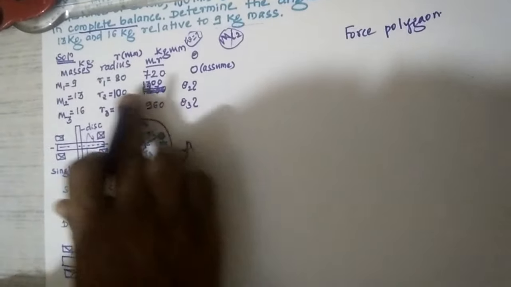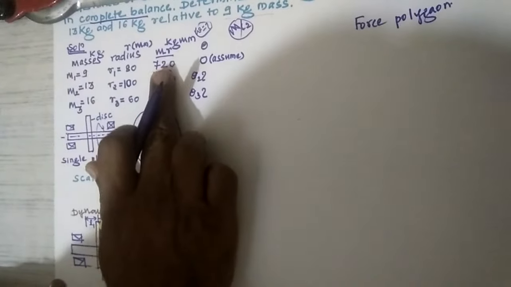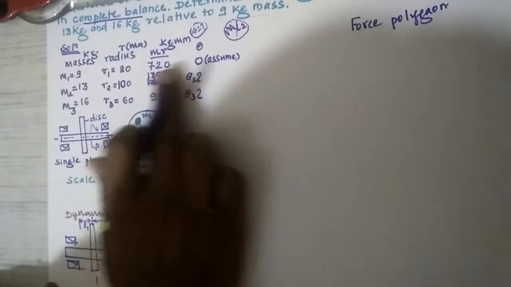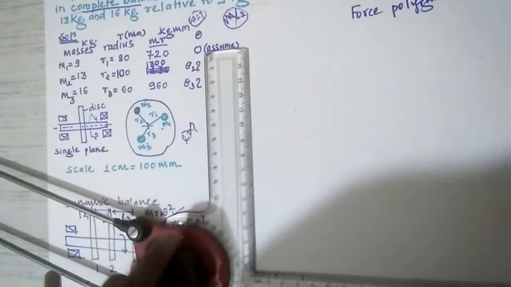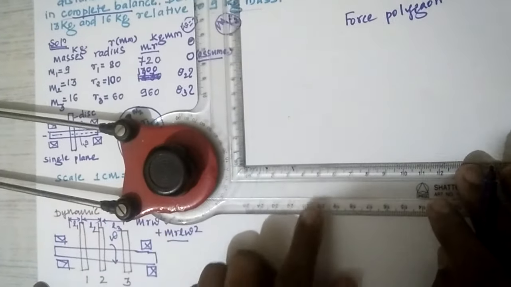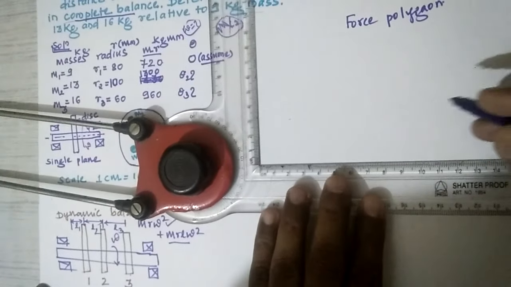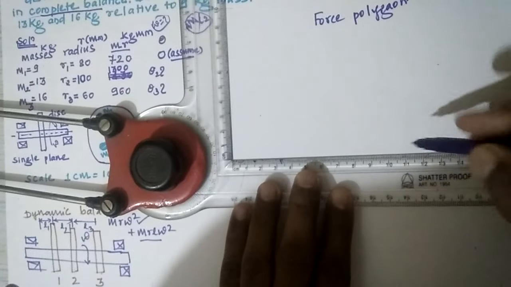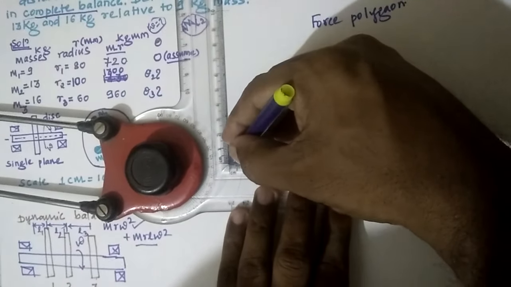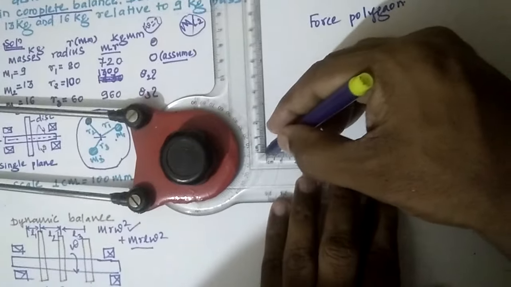In the first case, this is plane one, and I will take 720 as 0 degree. I have taken it in centimeters, so it comes as 7.2 centimeter, with theta equal to 0.